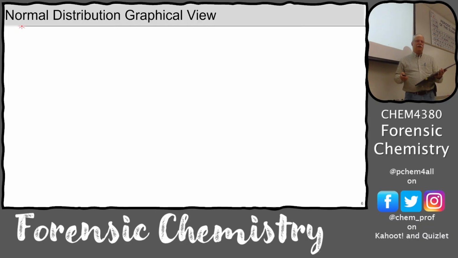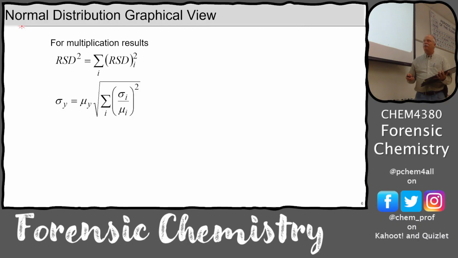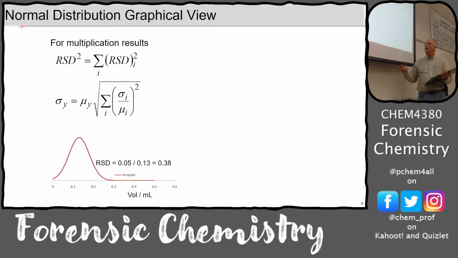Okay. And so if we wanted to sort of plot these uncertainties, here's the volume. It was 0.38. I said it was a little bit more than a third, and it was. So 0.38 is the RSD for the volume. Big wide distribution there. A narrower distribution for the mass. This is 0.09, the RSD for the mass.